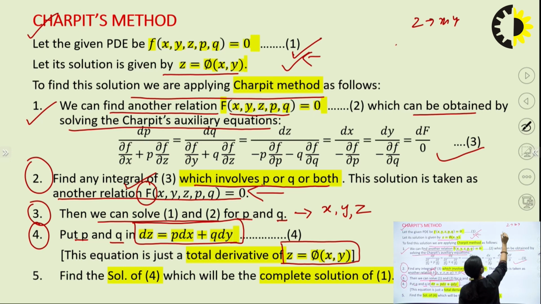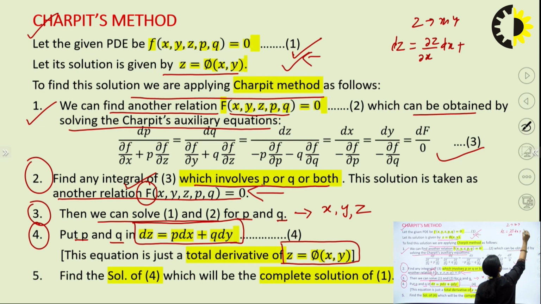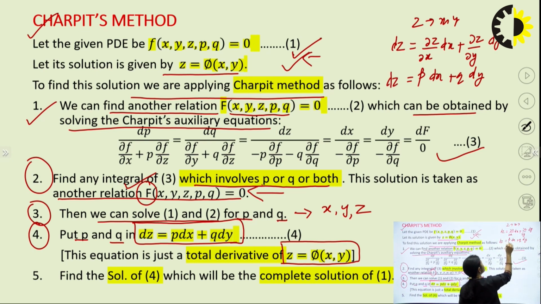So if we find the total derivative of z, then just apply the chain rule of partial derivatives. Differentiate z with respect to x, then derivative of x. Differentiate z with respect to y, then derivative of y. It can be written as p dx + q dy. So dz = p dx + q dy is nothing but the total derivative of z = phi(x, y).